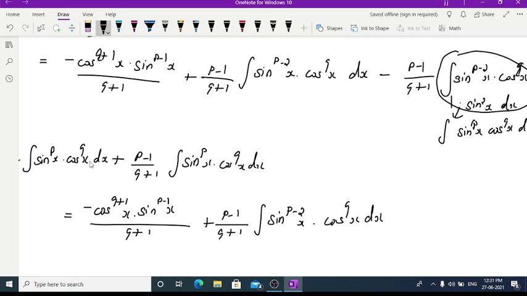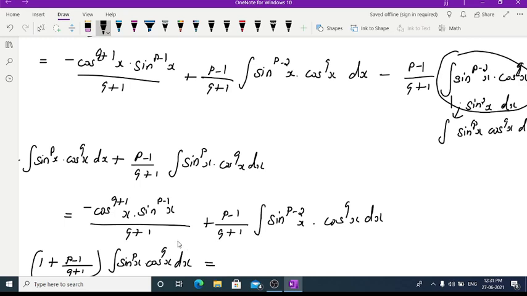Integral sine raised to p x into cos raised to q x dx, taking outside, then we get here 1 plus (p minus 1) divided by (q plus 1) into integral sine raised to p x into cos raised to q x dx.